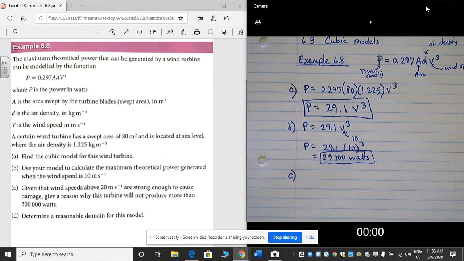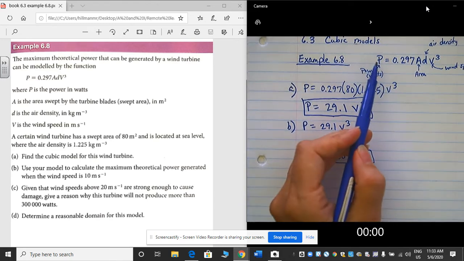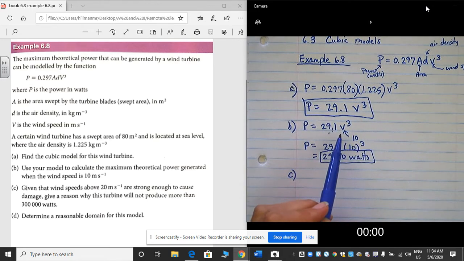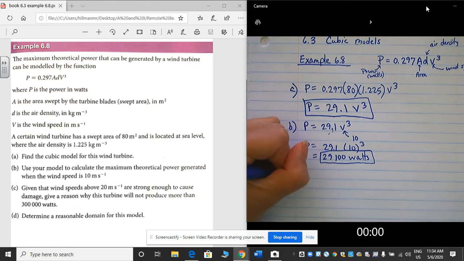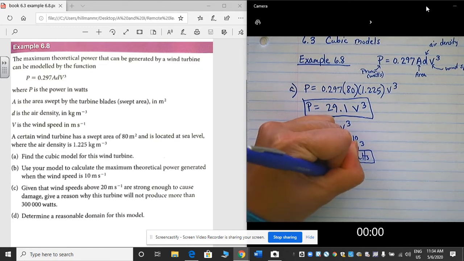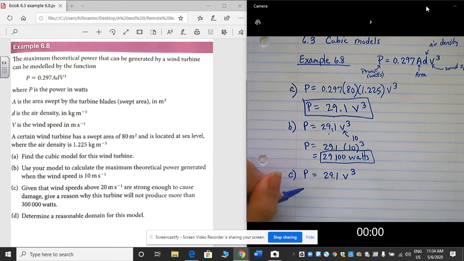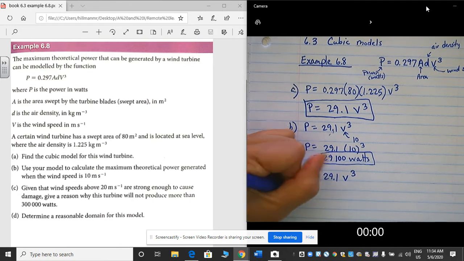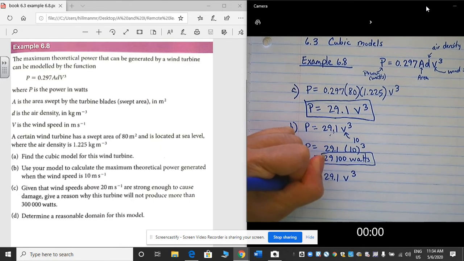What I would do is go back to this formula and plug in the 300,000 for P to essentially find V. So P is equal to 29.1 V cubed. Plug in 300,000 watts for the P.